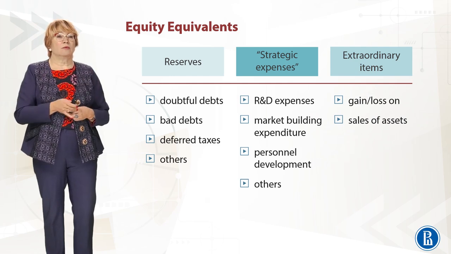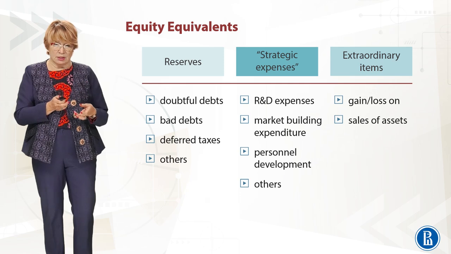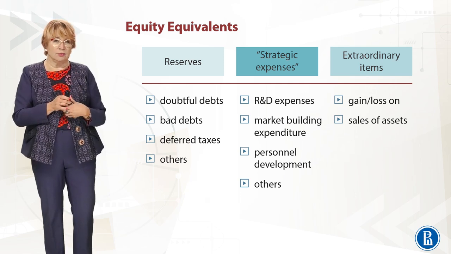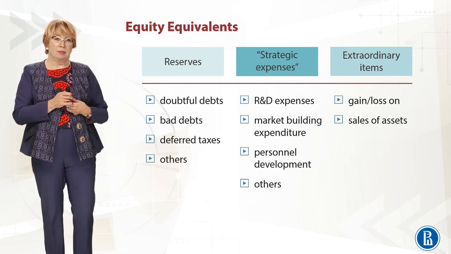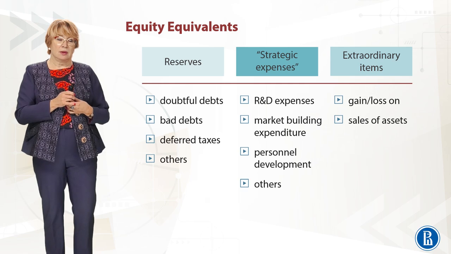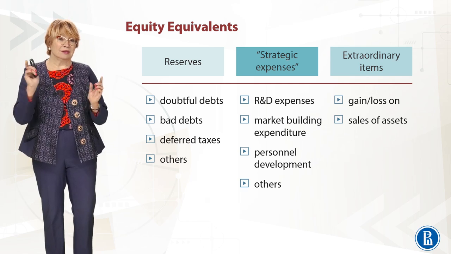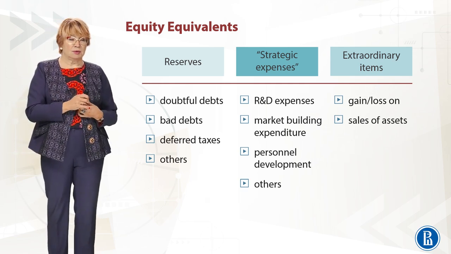In the middle of that group of equity equivalents, we will see the most interesting and the most influential type of the potential equity equivalents, which could be called strategic expenses.